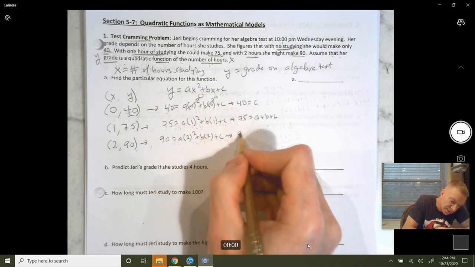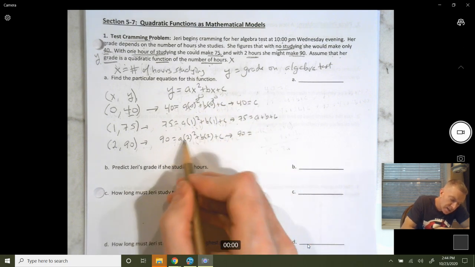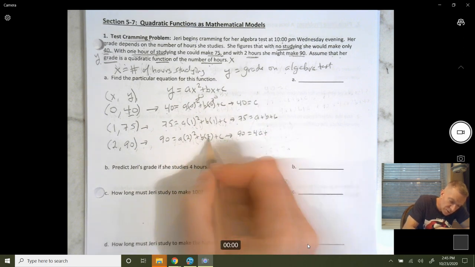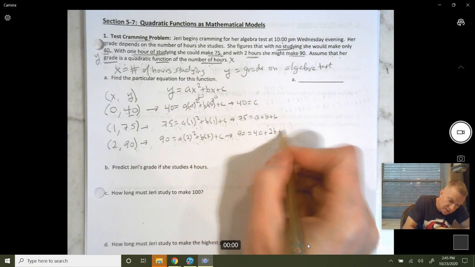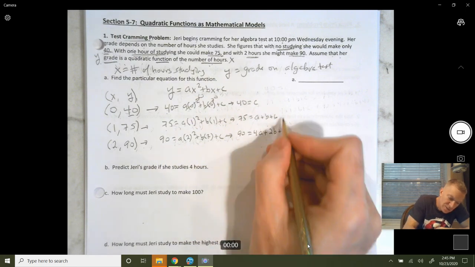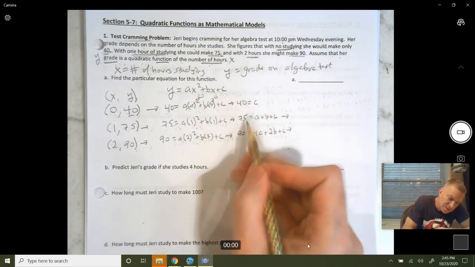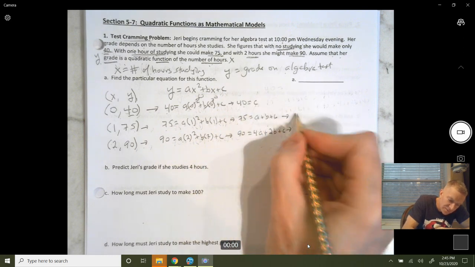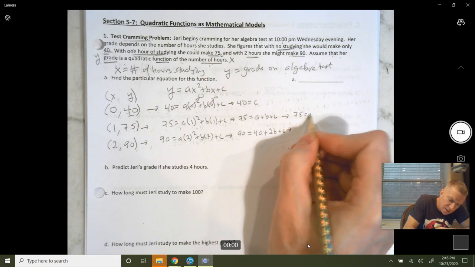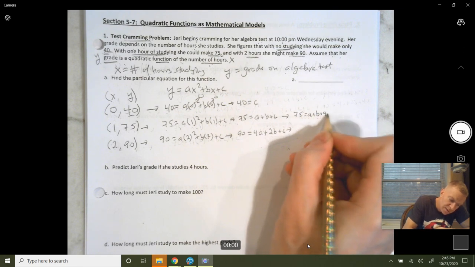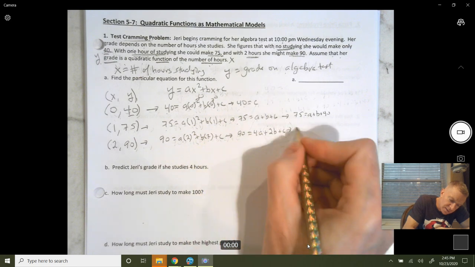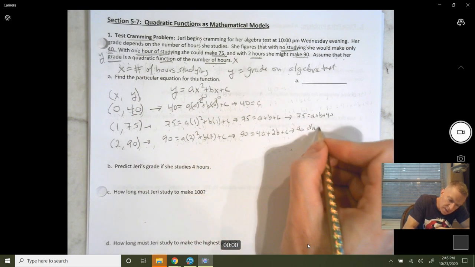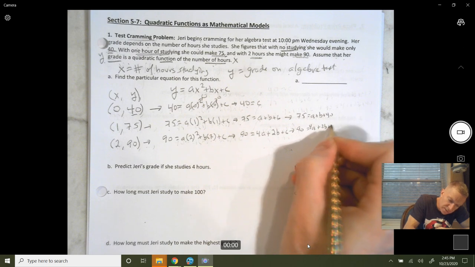Here we've got 90 is equal to a times 2 squared, so 4a, plus b times 2, so plus 2b, plus c. Okay, now these 2 middle equations, we know that c is 40. So if I plug in the 40 there, I've got 75 equals a plus b plus 40. And here I've got 90 equals 4a plus 2b plus 40.